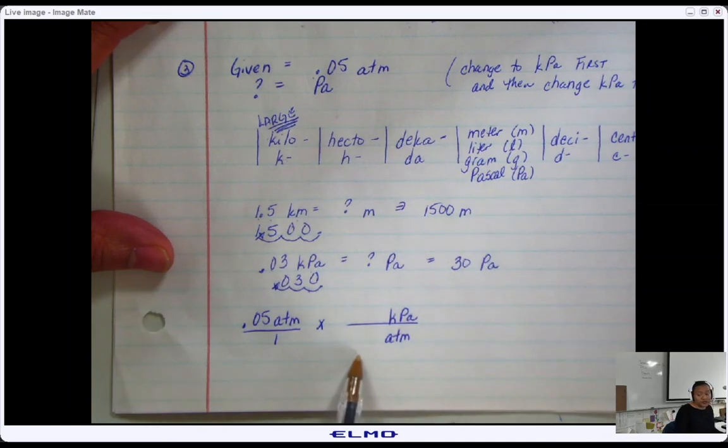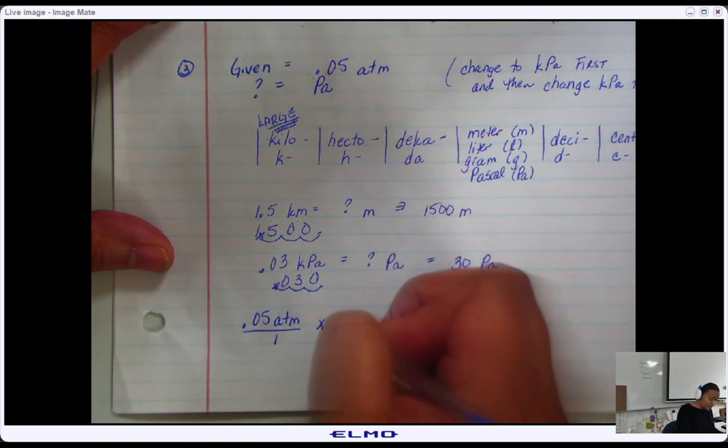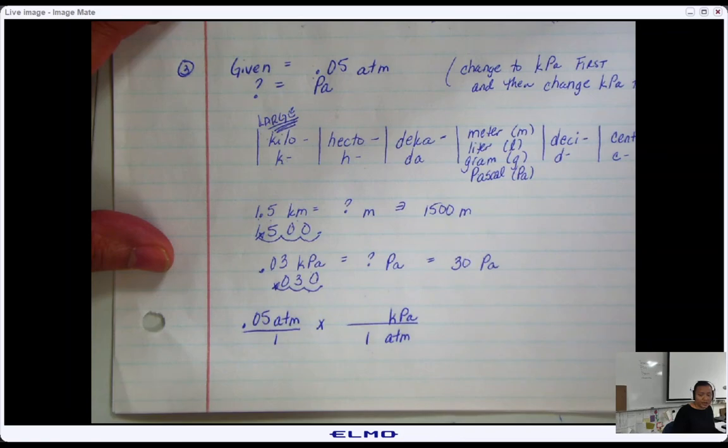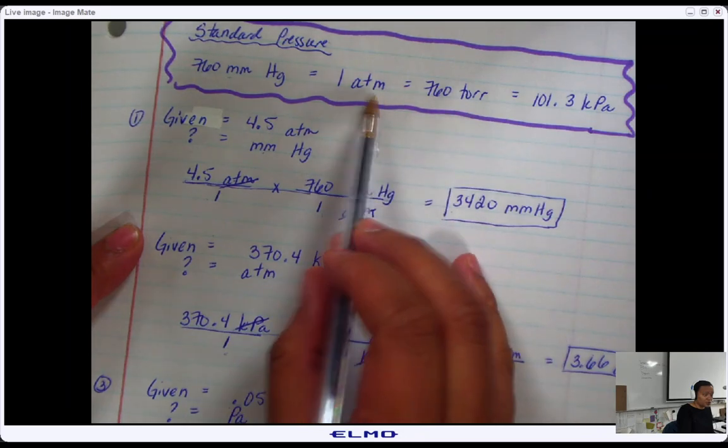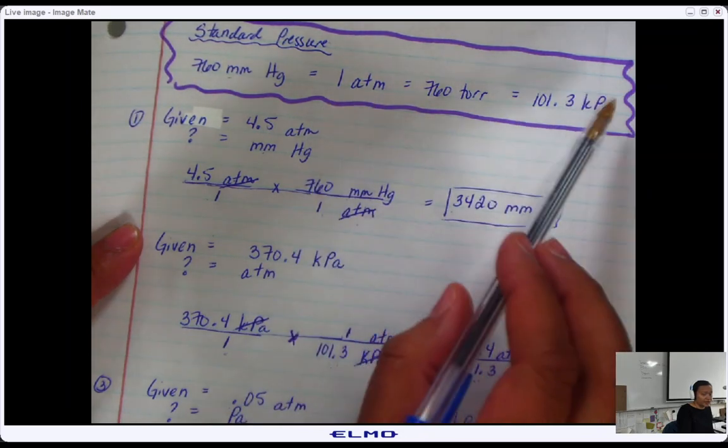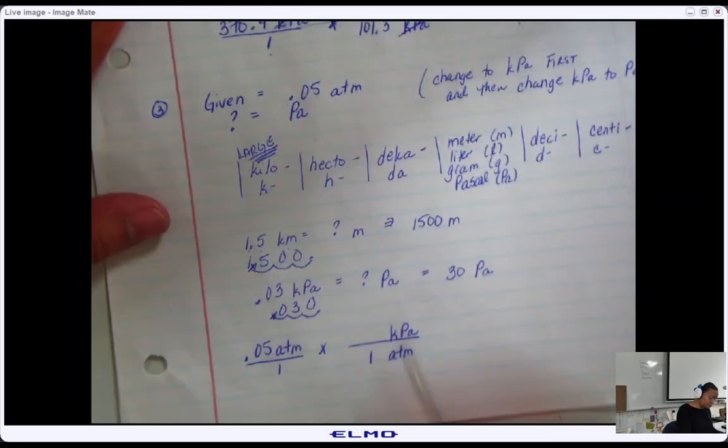Okay, what number goes in front of atmosphere? 1, thank you. And then what number do we put in front of kPa? Good. So we're getting the numbers from up here. Atmosphere has a 1 in front of it, and kPa has 101.3.